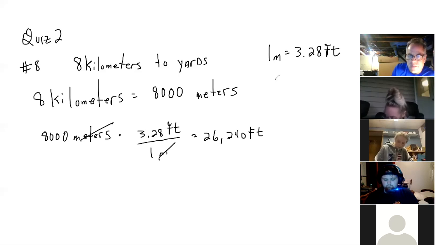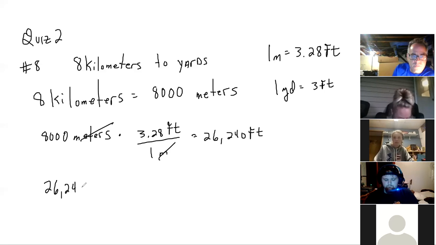So in 1 yard, there are what? 3 feet? So if I take my 26,240 feet, and we're going to multiply this by 1 yard over 3 feet, which basically means I'm dividing this number by 3.